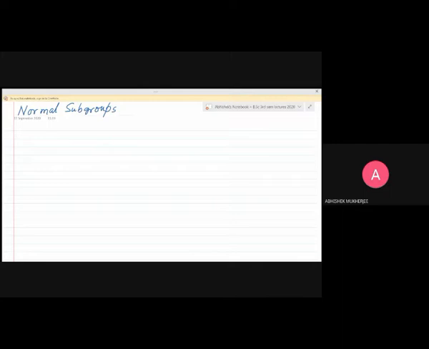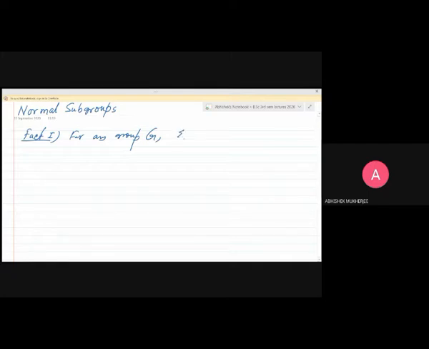So the first fact will be that for any group G, you will have immediately two normal subgroups.